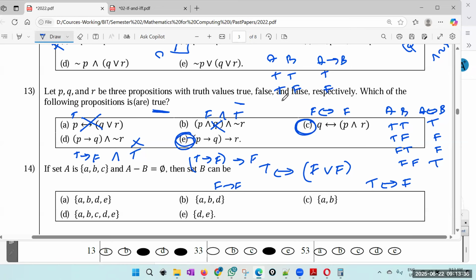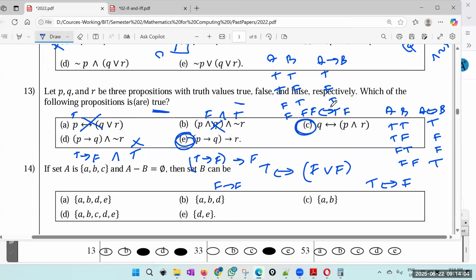And when A is false, it is always true because your statement is not challenged. What you are saying is when A happens, B happens. If A has not happened, you are not accountable. So your statement is still true, or not challenged.